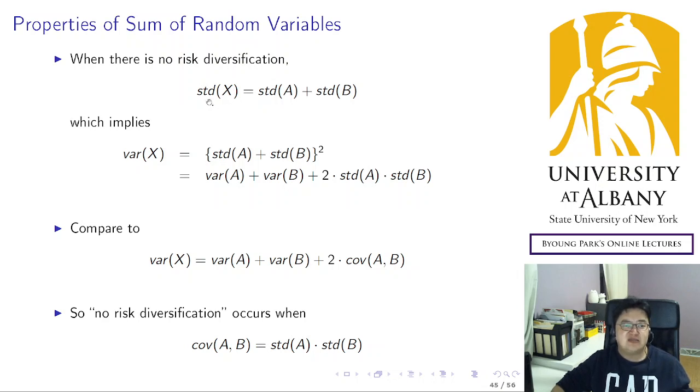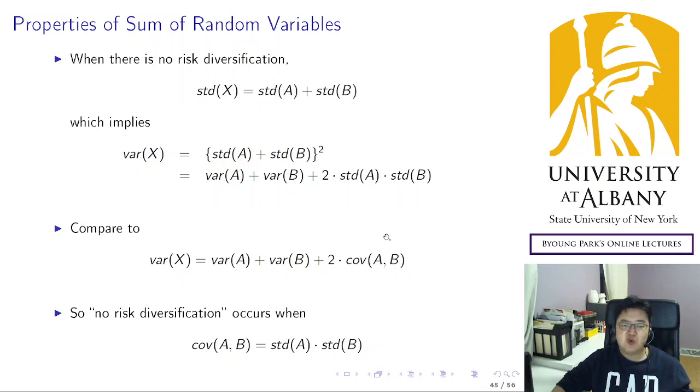So simply buying another stock implies buying more risk. This implies variance. By taking the square on this side, you can write it this way. And this condition is pretty similar to the formula we derived earlier.